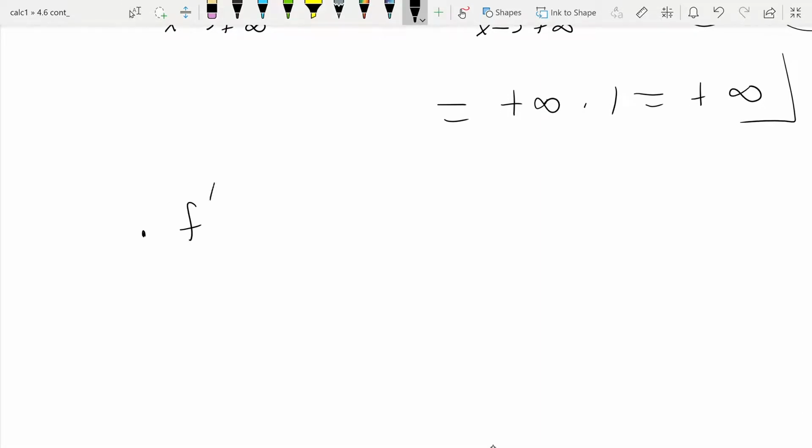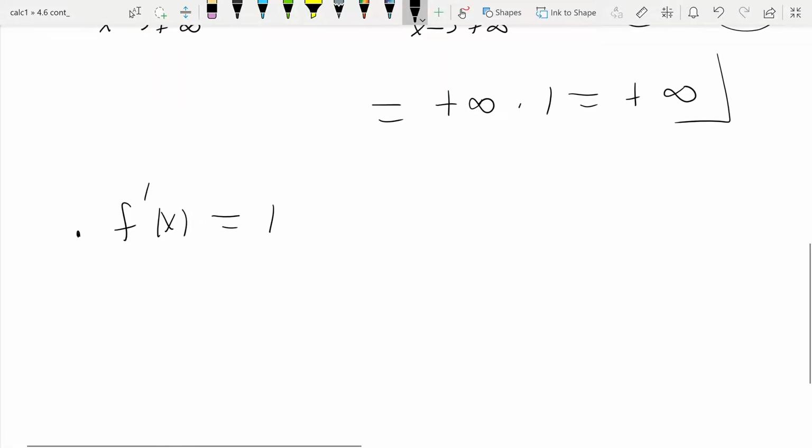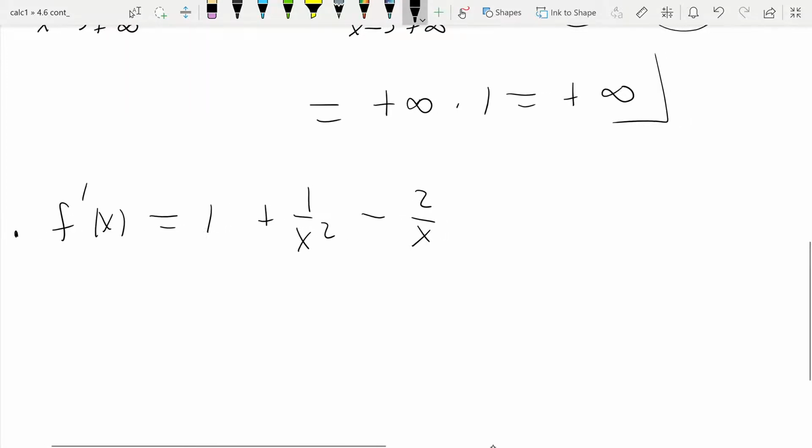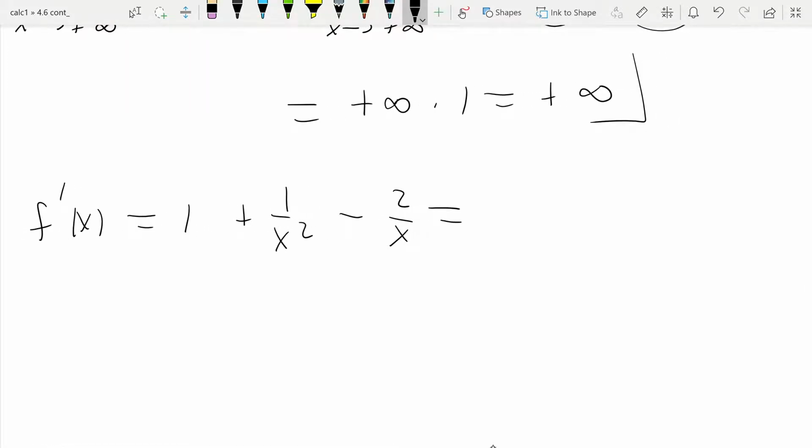Now, let's look at the derivative. Remember that the information about the shape of the graph is going to come from the first and second derivative. So it's 1 plus 1 over x squared minus 2 over x. Remember the derivative of the natural log is 1 over x. And this is exactly equal to x minus 1 squared over x squared.